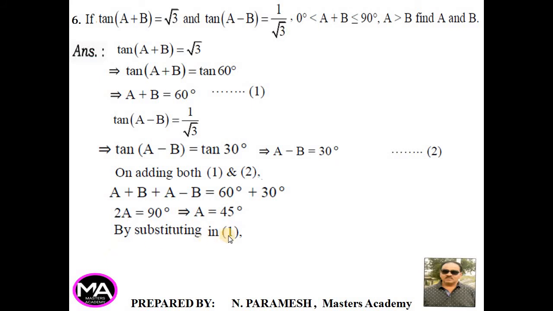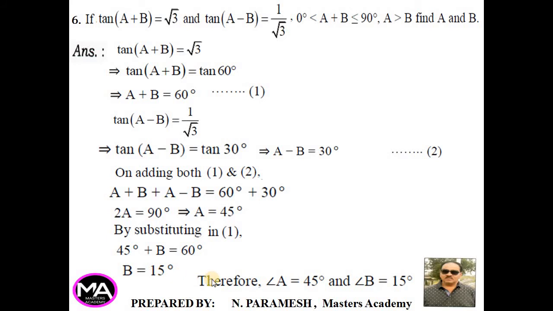Substitute this in equation 1. A + B is equal to 60 degree. In place of A, substitute 45. 45 degree + B is equal to 60 degree. Therefore, B is equal to 60 - 45 is 15 degree. Therefore, angle A is 45 degree and angle B is 15 degree.